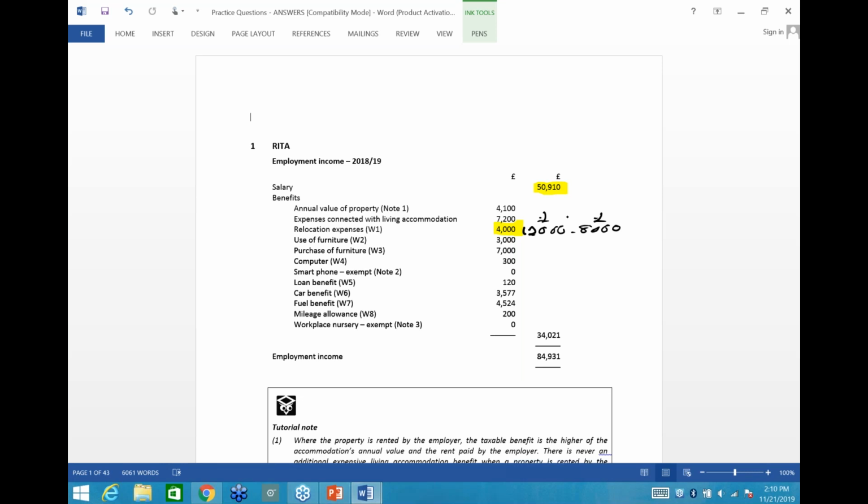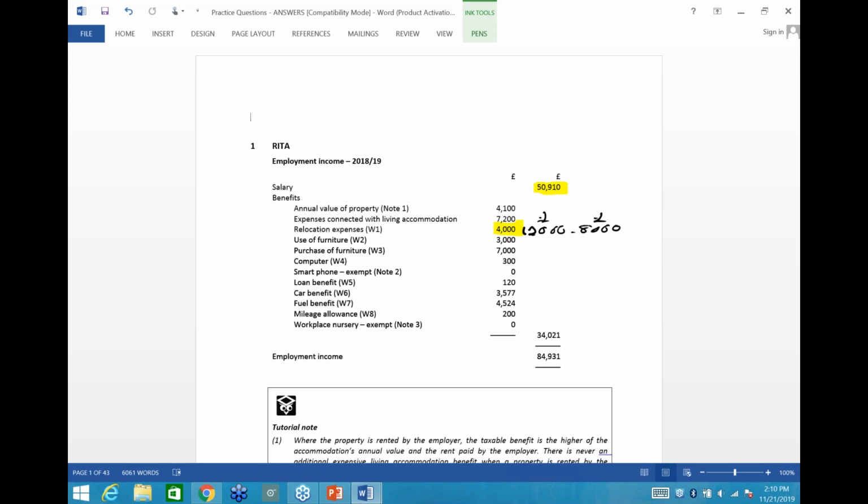Now, in this instance, the question is very clear. She was immediately provided with a house with an annual value of 4,100, for which her employer paid an annual rent of 3,500. From the two values, which one is the higher value? The annual value of the property.